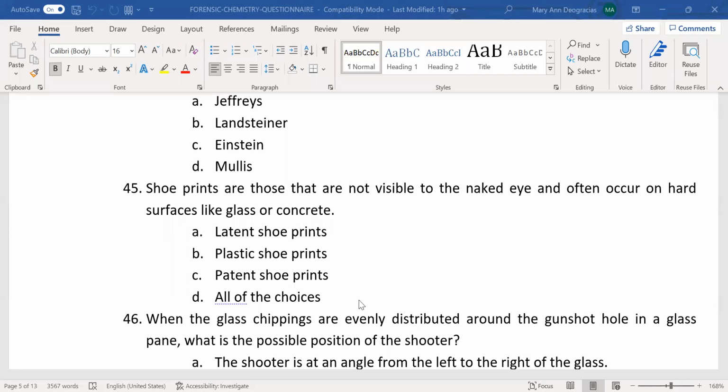Anong process ng lifting niyan sa collection? Nasabi ko na. The process of collection is by lifting. Okay? Yung latent shoe prints. How about plastic shoe prints? Ano naman yan? Example. So, ang example ng plastic shoe prints, these are shoe prints class which are left in the crime scene.